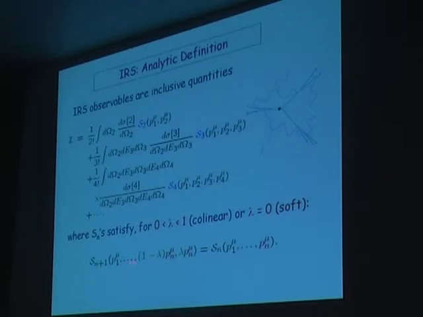The necessary and sufficient condition is that for the n plus 1 definition, if you split the momentum up in this fashion, these two become either collinear or soft, depending on these conditions. Then the requirement is that this reduces to that. If this is true, then you have a quantity which is infrared safe and calculable.